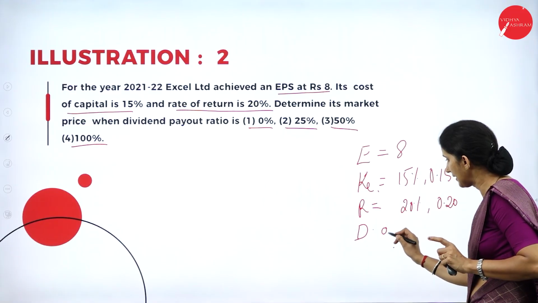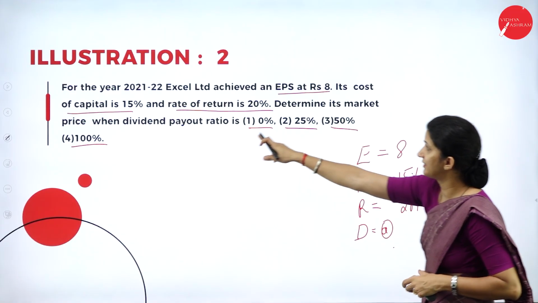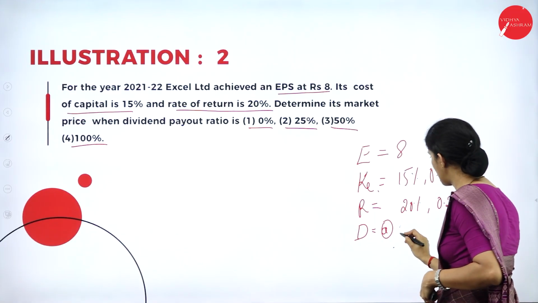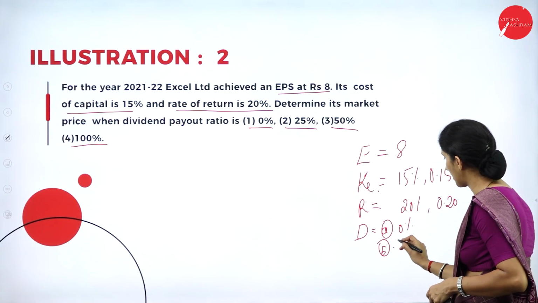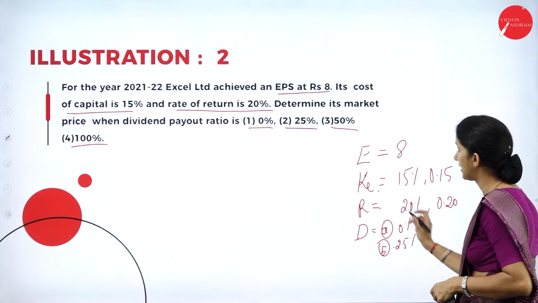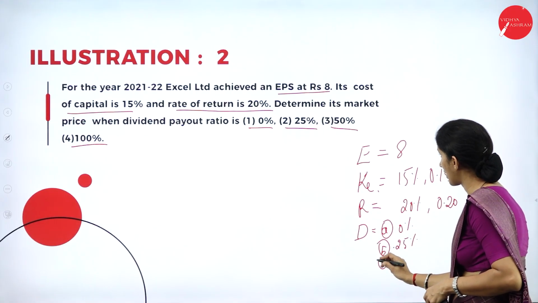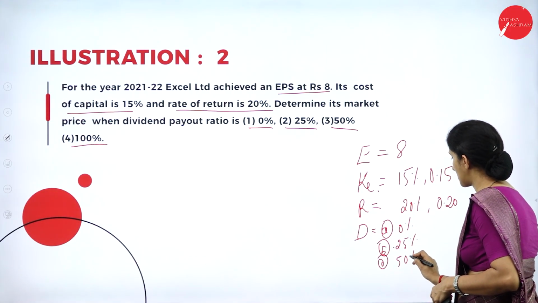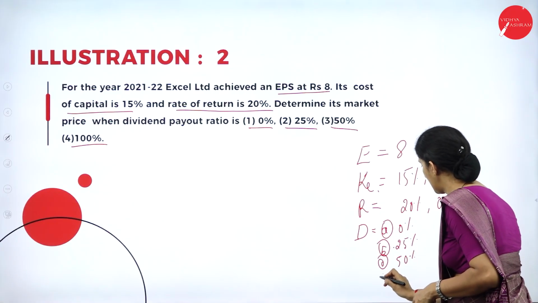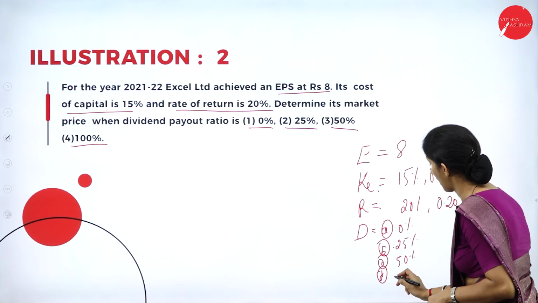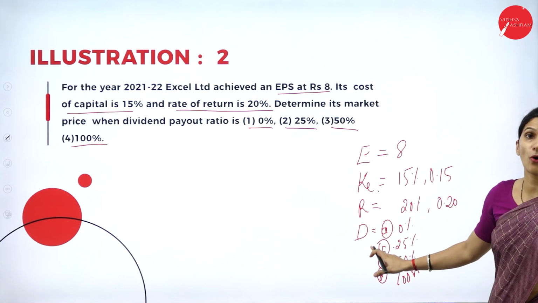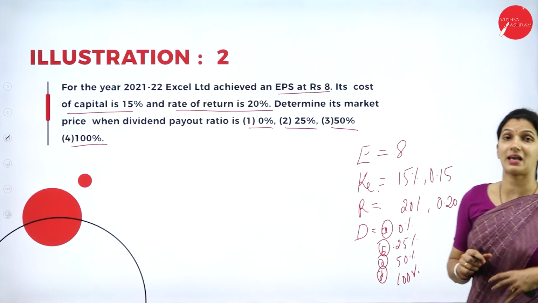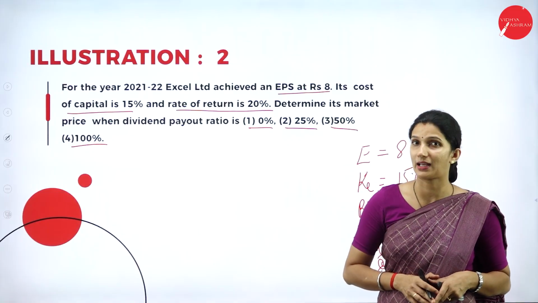Situation A, when the dividend payout ratio is 0%. Then B, dividend payout ratio is 25%. Then C, dividend payout ratio is 50%. And D, dividend payout ratio is 100%.